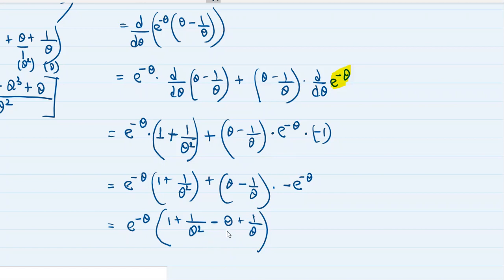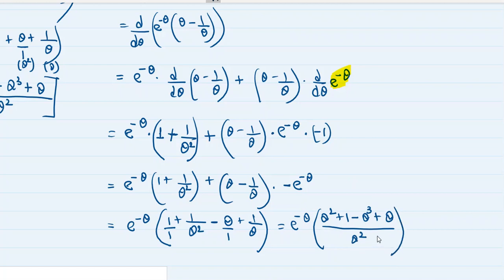Now if you take the LCM, which is theta square, this will become e raised to minus theta bracket theta square plus 1 minus theta cube plus theta, the whole upon theta square.